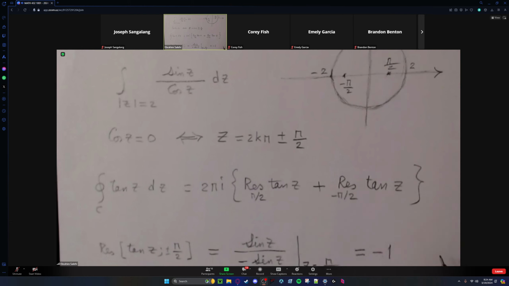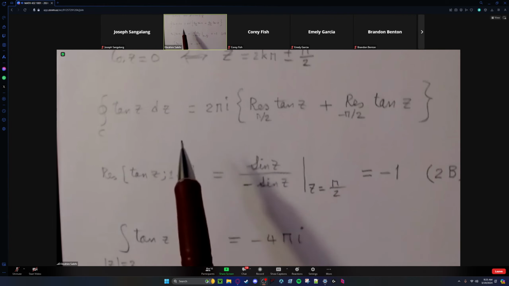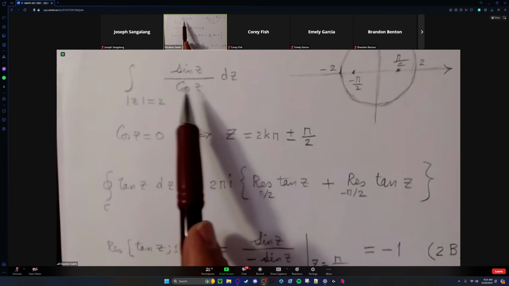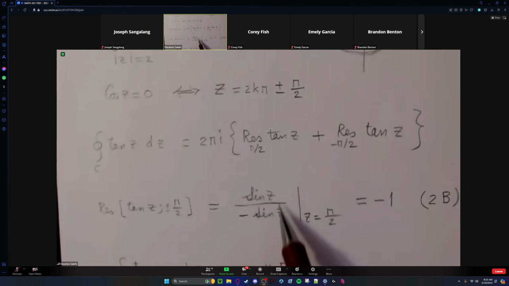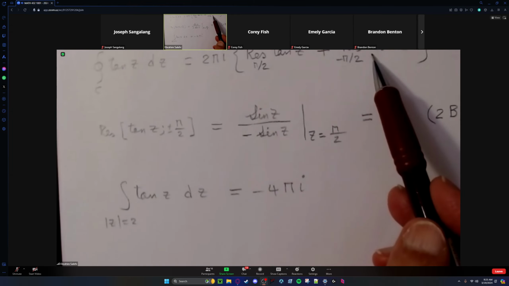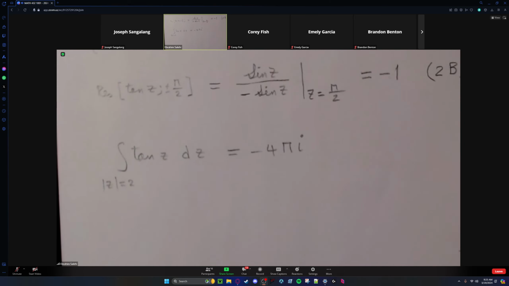I could use 2a or 2b, either one would be fine. It is numerator, which is sine z, divided by derivative of denominator. This is -1. So -1 plus -1, that is what you get.